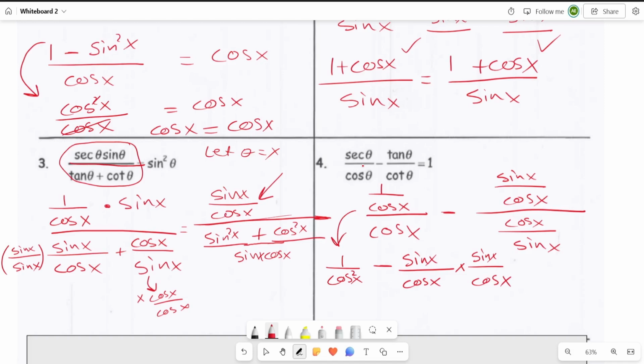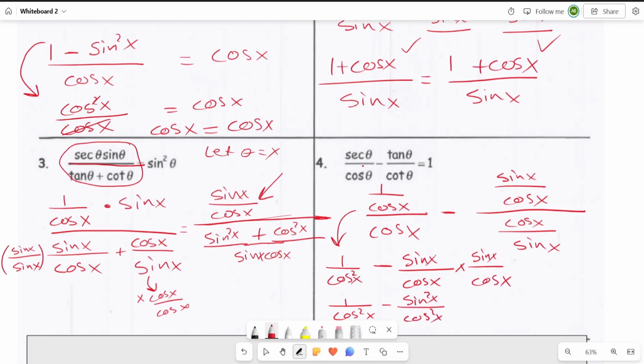So from here, I can deduce that 1 over cosine squared x minus sine squared x over cosine squared x.